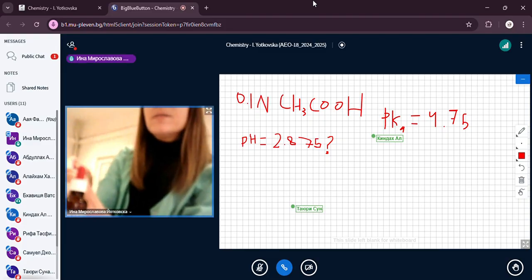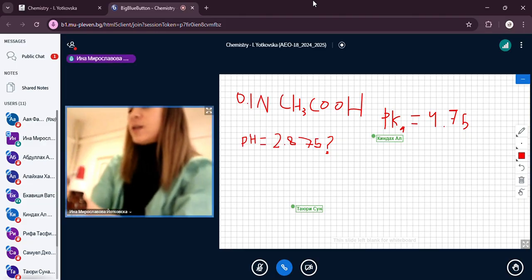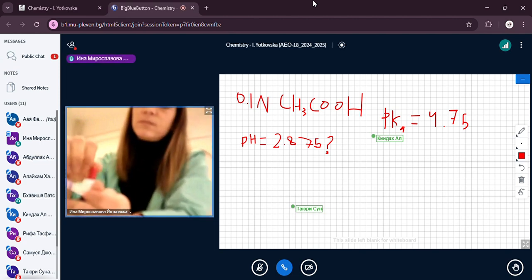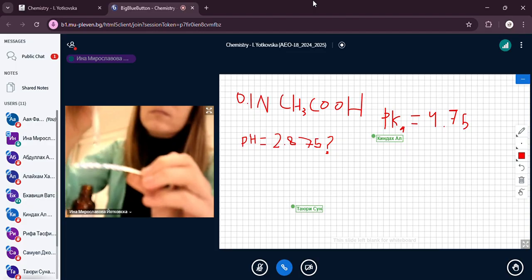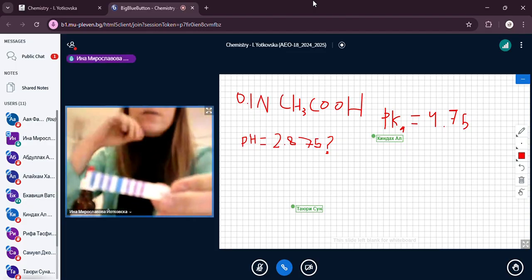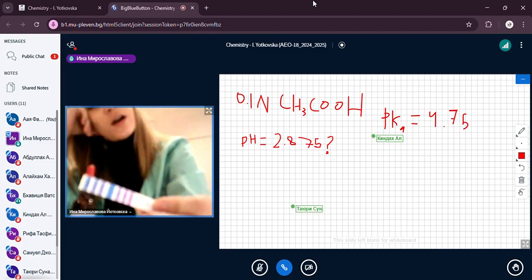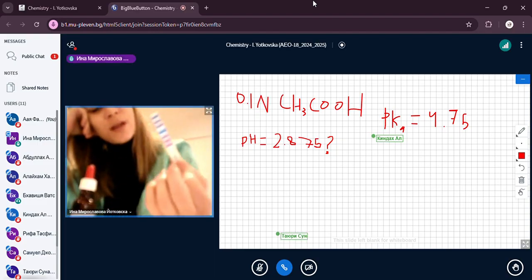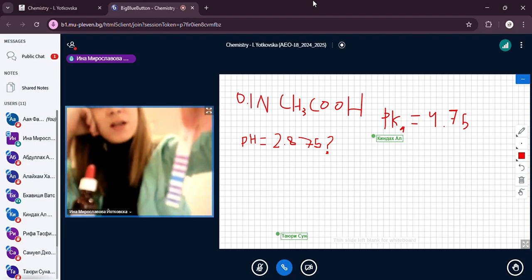With the precise one, let's see. With the precise one, I obtain pH 10.5. So as you can see, the precise one shows the real value of pH.